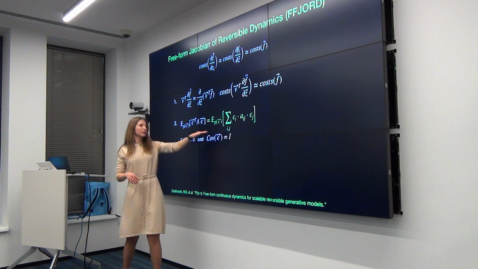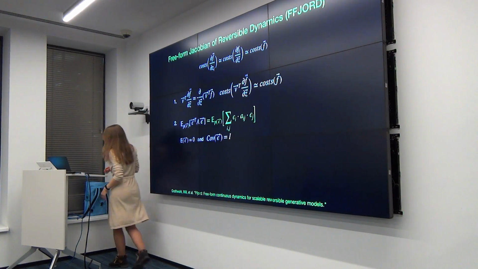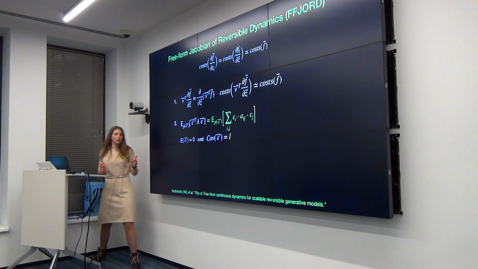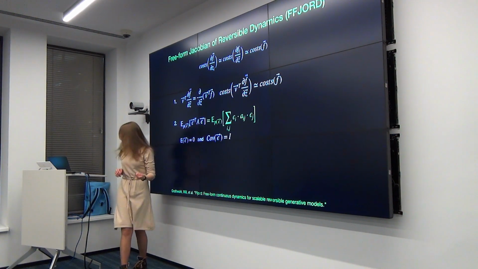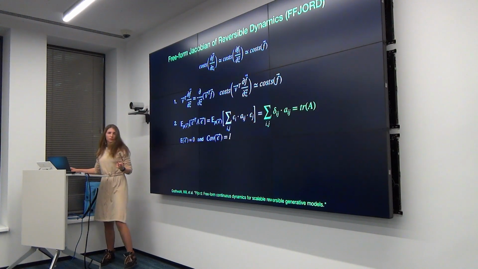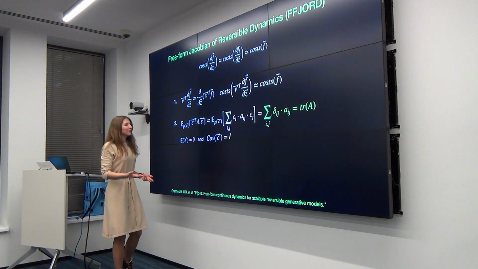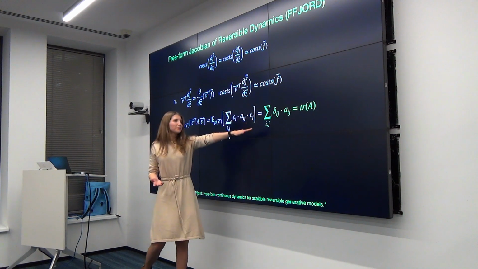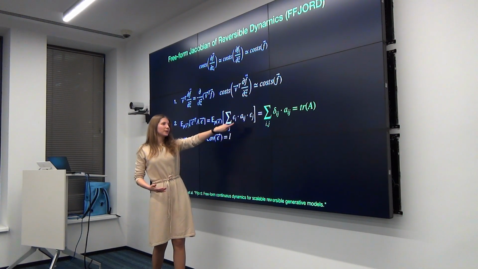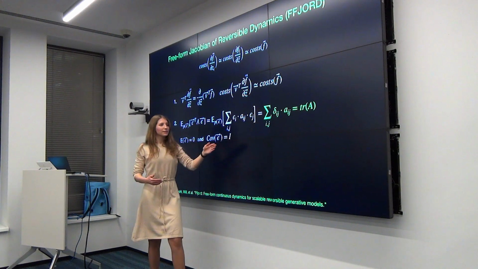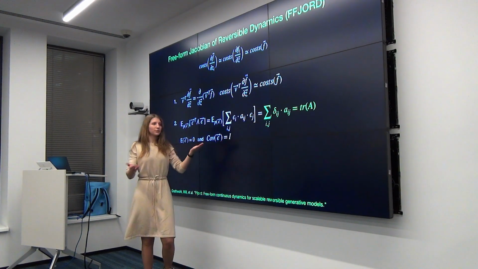And we can swap sum and expectation. And after integration, we will get the Kronecker symbol instead of epsilons. And this is exactly the trace of the matrix.